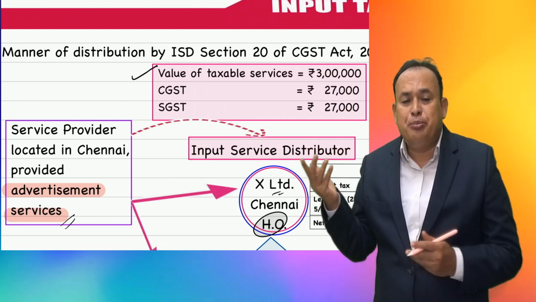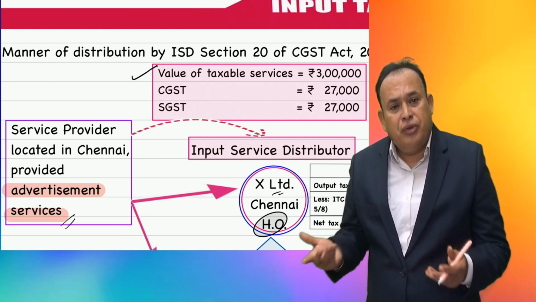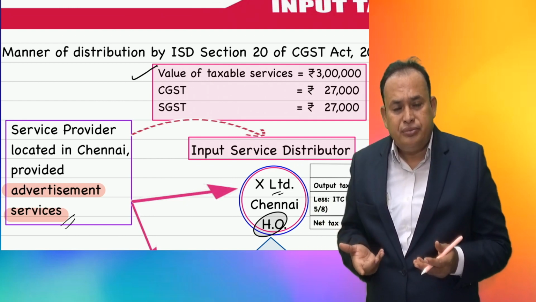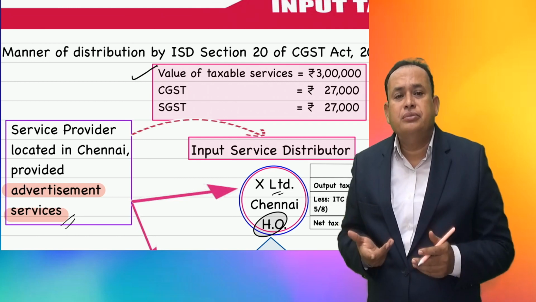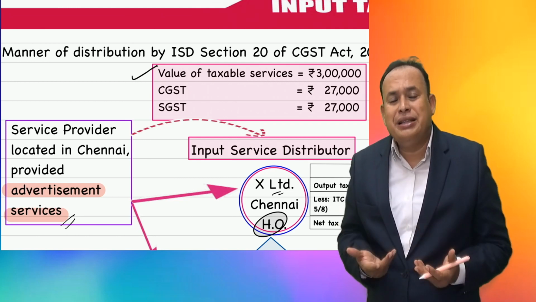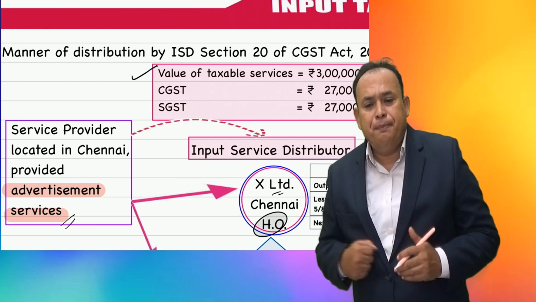The service provider and place of supply in the given case, for example, falls under rule number 3, presuming that it is an intrastate supply.